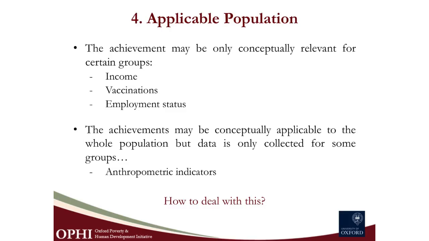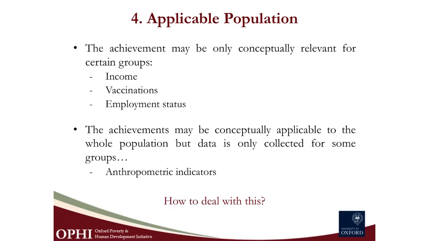And what we're going to see, and maybe you have already seen in your data when you start thinking about your measure, is that some achievements we would like to incorporate in our measure are, either conceptually or empirically, available just for some groups of the population. For instance, examples of achievements that are only conceptually relevant for groups of the population.